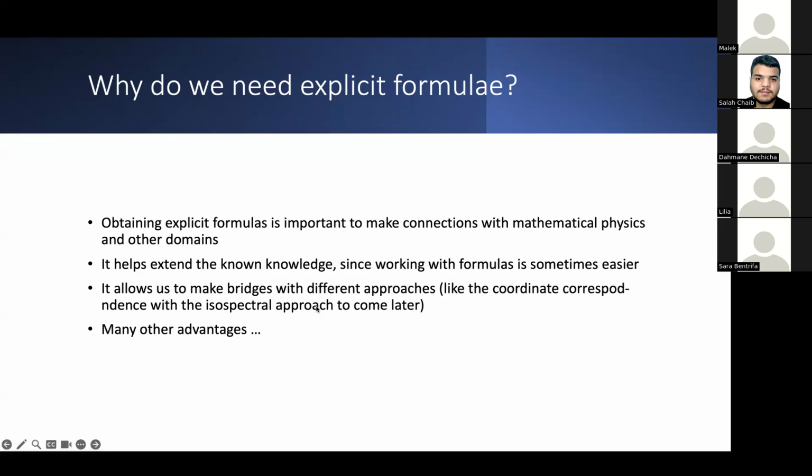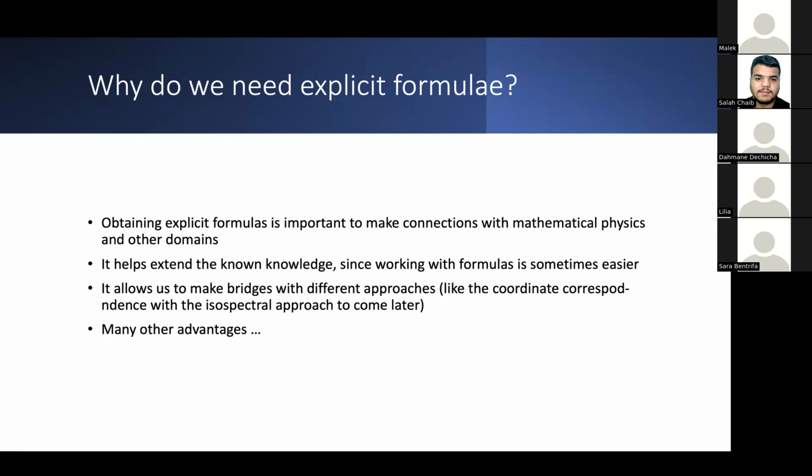It also helps extend the knowledge that we already have, because when you have the equations, it's always easier to manipulate things and always easier to see the limits. It also helps build bridges between these approaches. We have another approach which is available in the literature using loop algebras and seeing the Lax matrix L(z) as an element of a loop algebra rather than just a connection on a vector bundle.